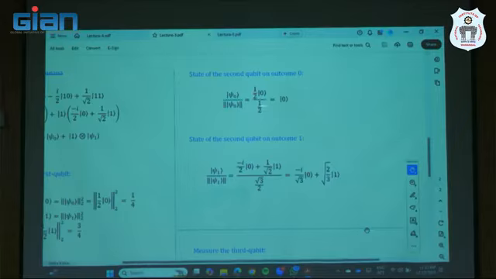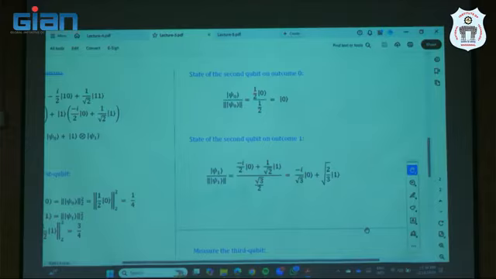Once we divide by its norm, we get a norm 1 state. Agreed? I take a state, maybe it doesn't have norm 1, I divide by its norm, and I get a state which is norm 1. So half ket 0 divided by its norm is ket 0. So the state on the second qubit, if we obtain 0 on the first qubit, is ket 0 in this case.